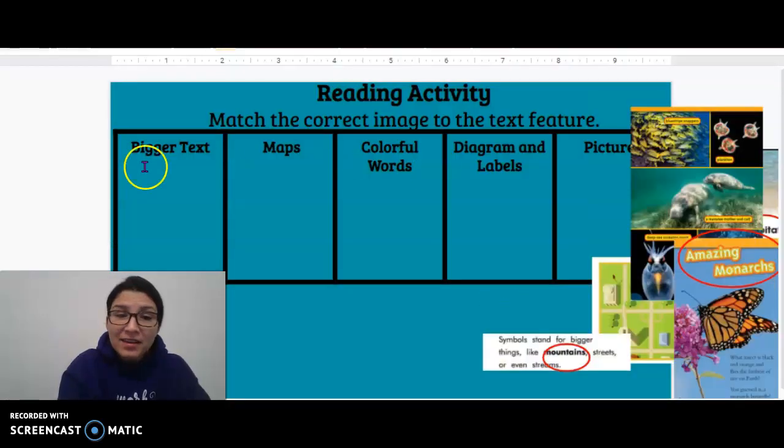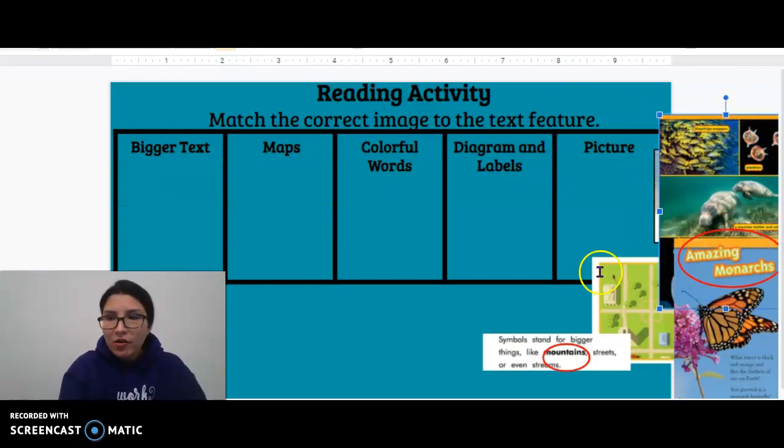Okay, so pay close attention because later on for your reading activity, this is going to look very familiar, but with different images. Okay, so match the correct image to the text feature. So we have bigger text, maps, colorful words, diagram and labels, and picture. So I have all the images right here.